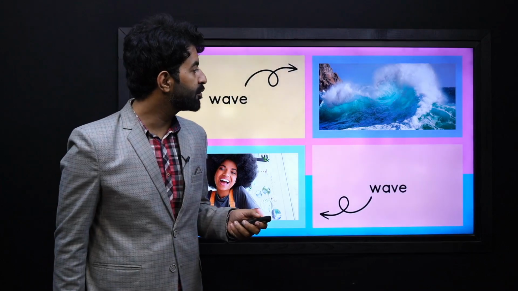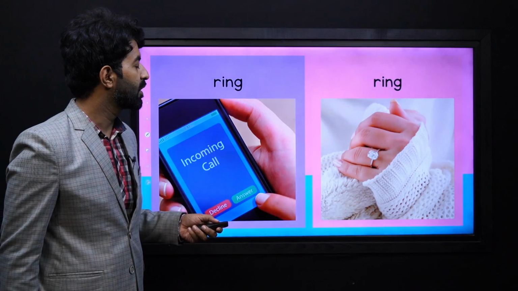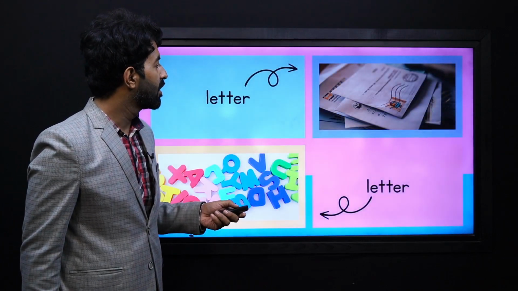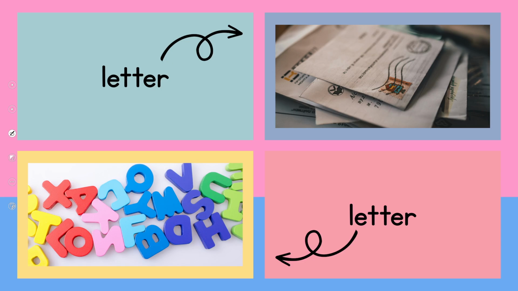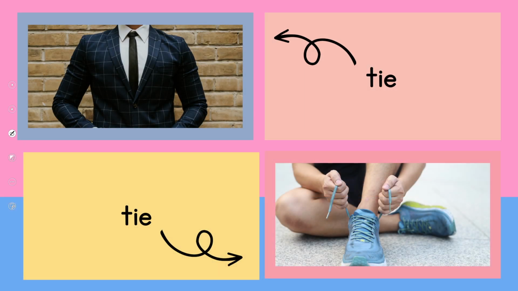Here are more examples. Now you can clearly see that one is a one thing. Here a letter is something that you write and send, and this letter is the letters of the English language. Now so many examples are in front of you.